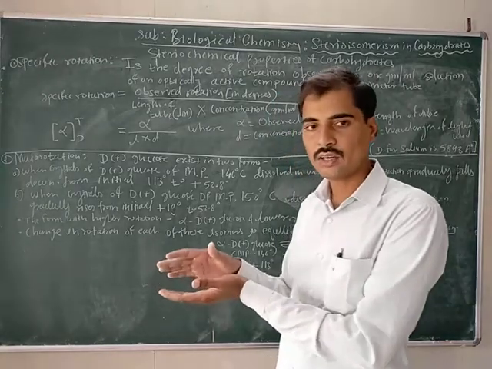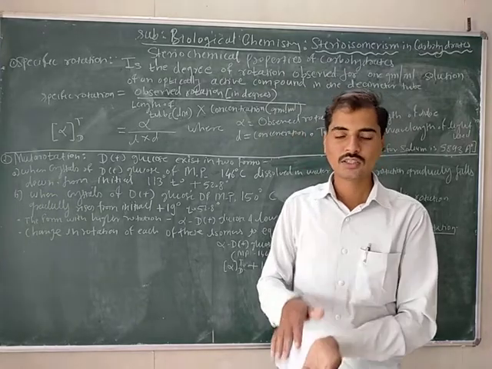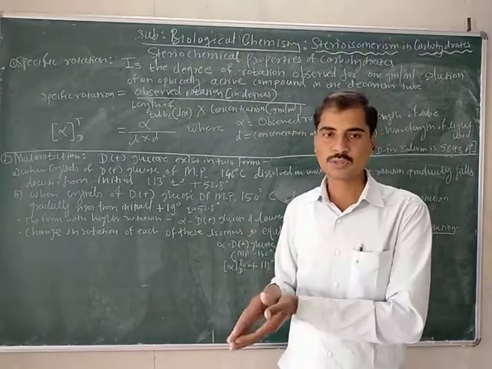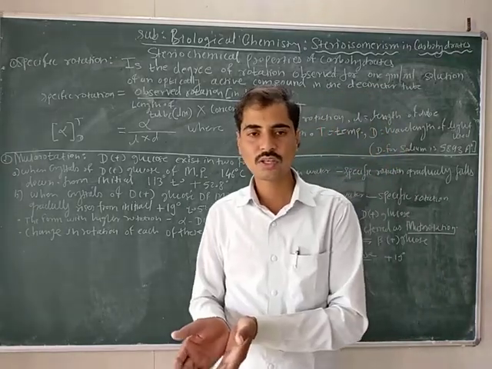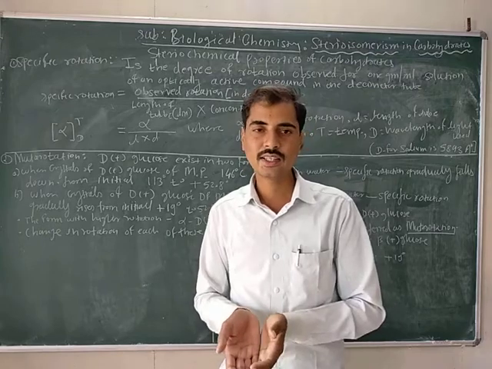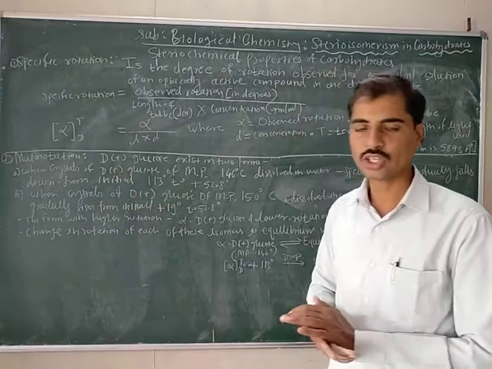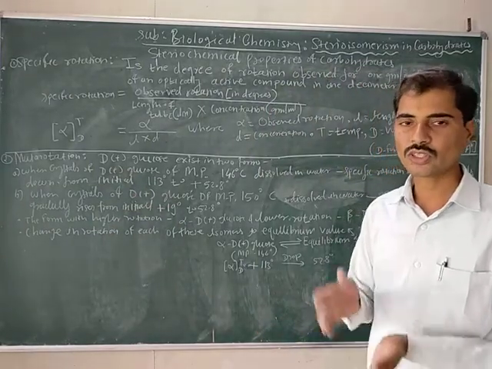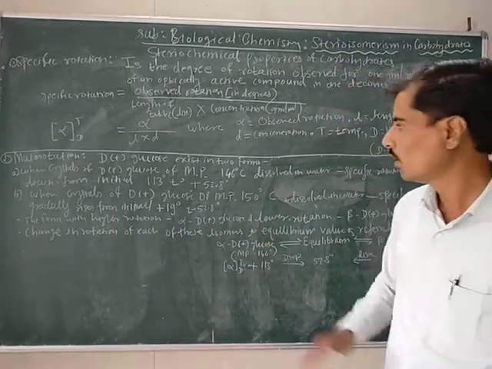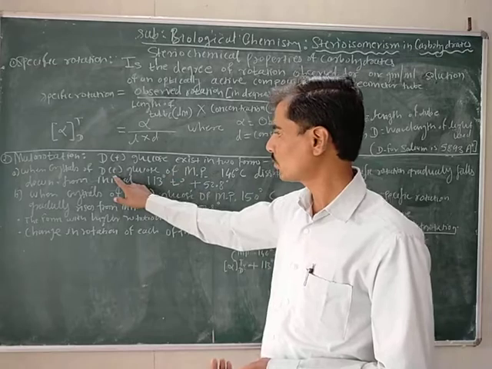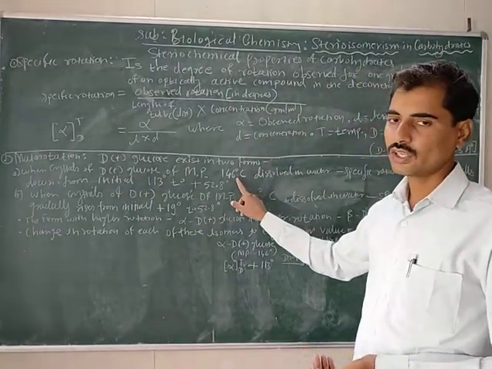That means when one form of D plus glucose dissolves in water, there is a decrease in the specific rotation, and when the other form dissolves in water, there is a rise in the specific rotation. The form of D plus glucose with higher rotation is called the alpha D plus glucose.